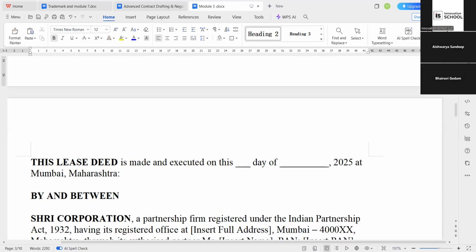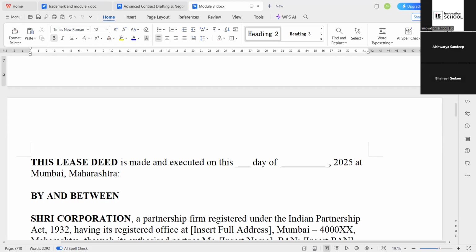Any property related disputes or documents, you will file the complaint, and you will also do your registration, title search, everything at the office of the sub-registrar.